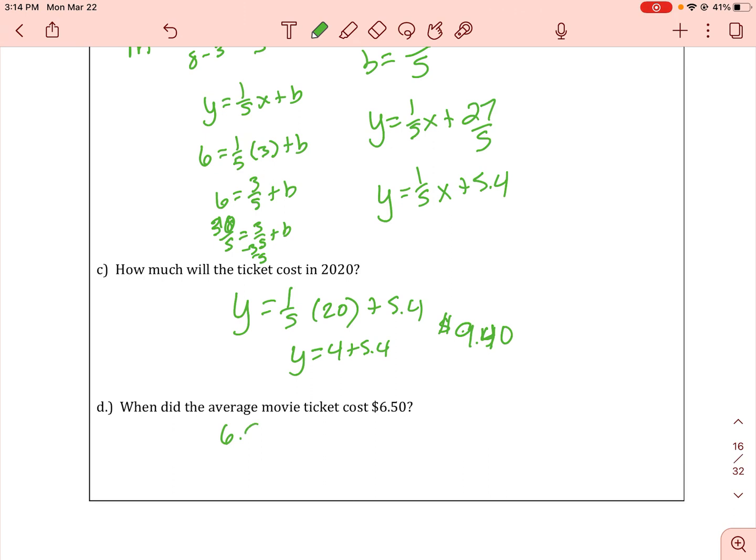And when did the average ticket cost $6.50? Well, cost is my y value. So I substitute $6.50 in for y, and I begin to solve. I need to multiply by 5.